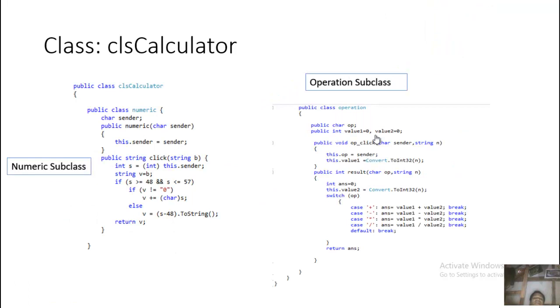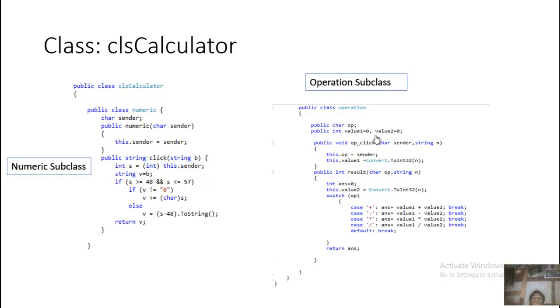Now for our class calculator, we have two subclasses. We have the numeric subclass and the operation subclass. For our numeric class, we have one attribute, which is the sender, and we have a class constructor, whose parameter is a sender, and we have a method that is a click method.